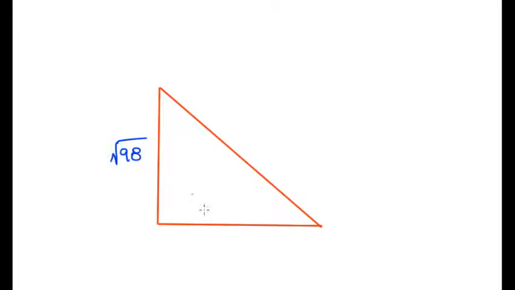46 says the length of an isosceles right triangle. Each leg is rad 98 inches. What is the length of the hypotenuse?